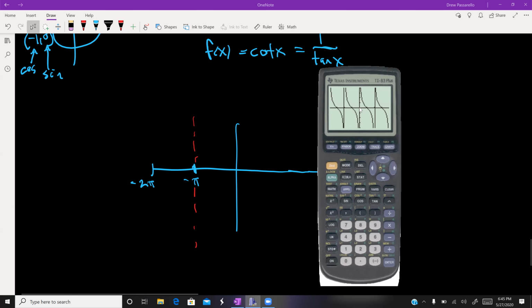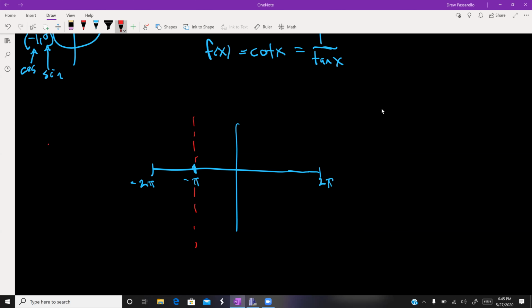So there's 0, and then 2 pi's over here. Then you have this vertical line that's midway between these two. So that's going to be at pi. All right, so those are my asymptotes.